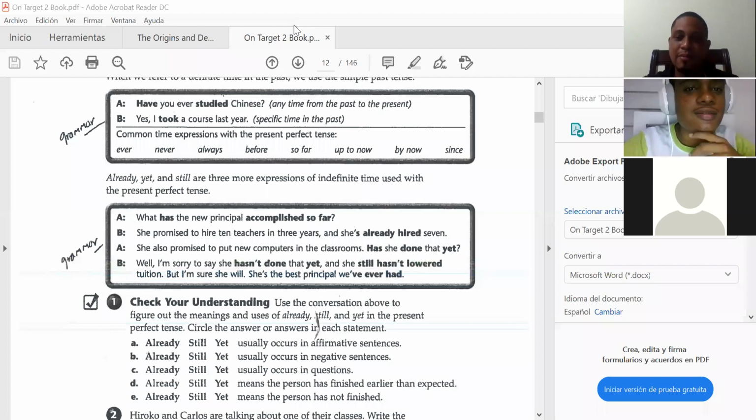Right. But did the action finish? Yes or no? In the past, in the present. No, the action continues in the present. You start the action in the past and you continue the action in the present. All right. Well, yeah. I mean, you're right.